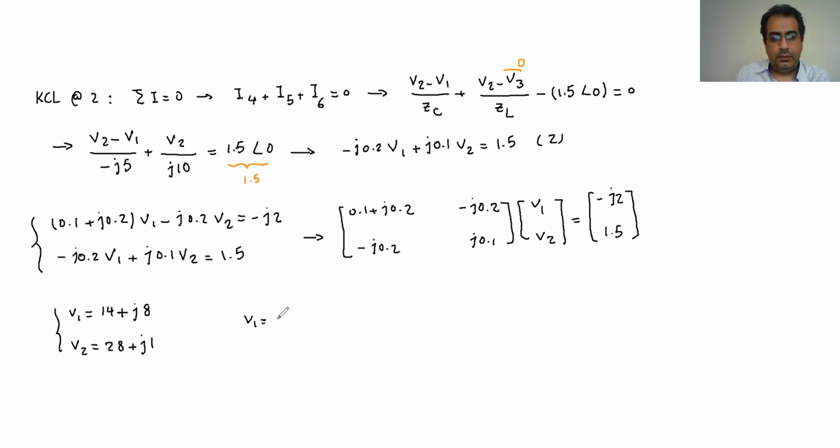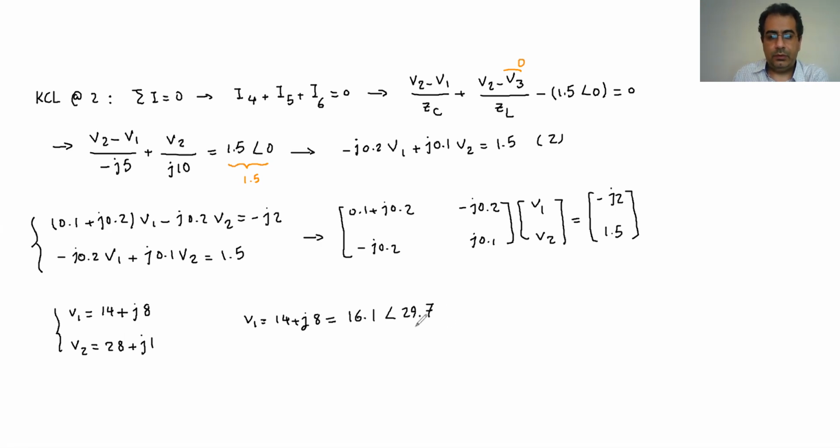For example, V1 is 14 plus J8, and you can write it in polar format: 16.1 with angle of 29.7.